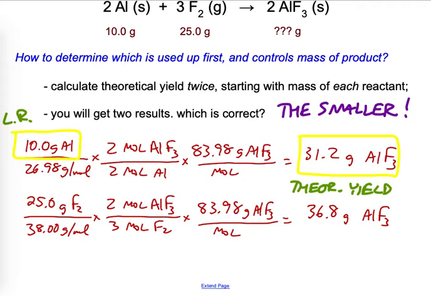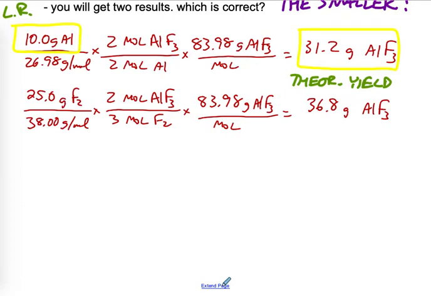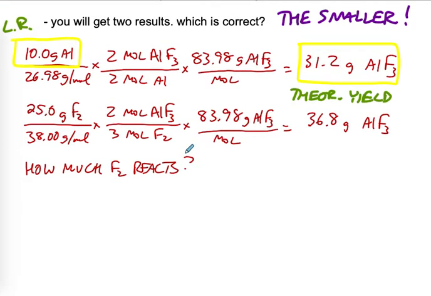Well, we know fluorine is present in excess, so to calculate the amount of fluorine that's left over, well, just as the 10.0 grams of aluminum, the limiting reactant, controls how much product I'll get, that mass of aluminum also controls how much fluorine reacts.